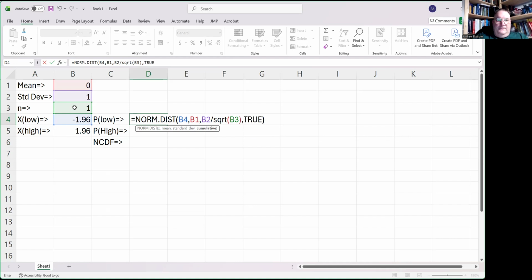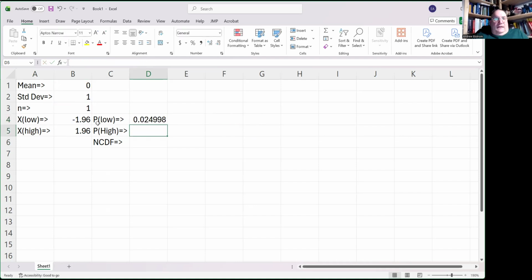So it'll be true. And based on what we were talking about last time, the area below negative 1.96 should be about 2.5%. This is saying that it's 2.4998%. Close enough.